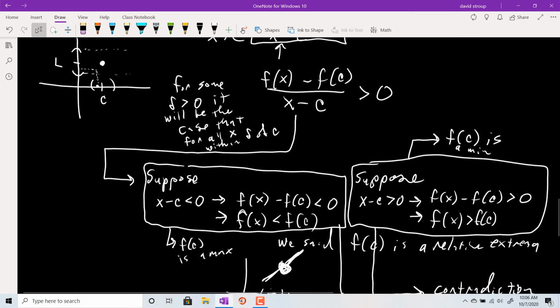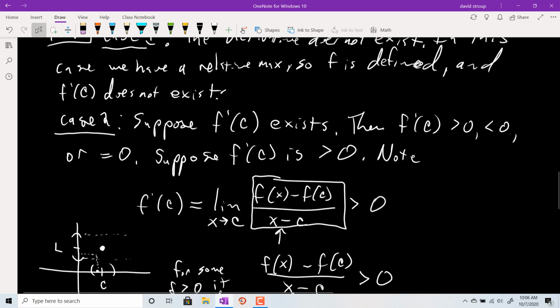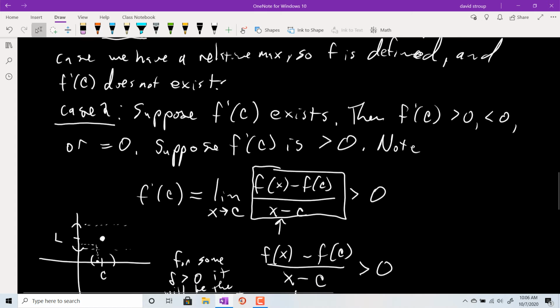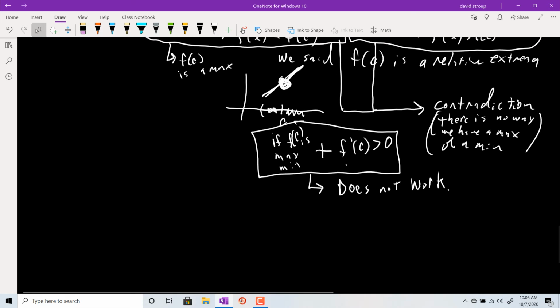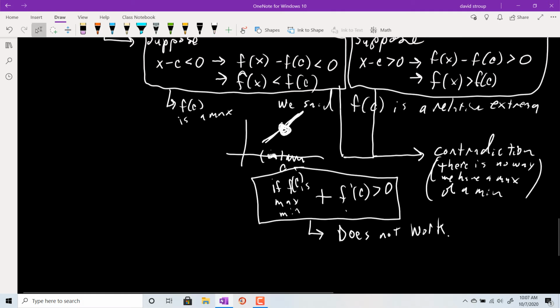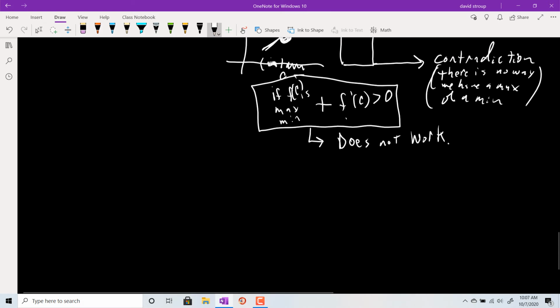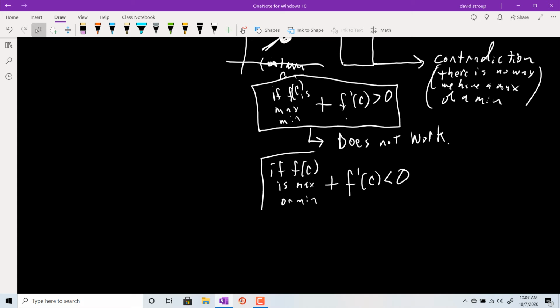Okay, you could do the same thing presuming that f prime of c is less than 0. You can go through the same argument for f prime of c being less than 0. So if you suppose that f of c is max or min, and then you add together the fact that f prime of c is less than 0, that will not work either.